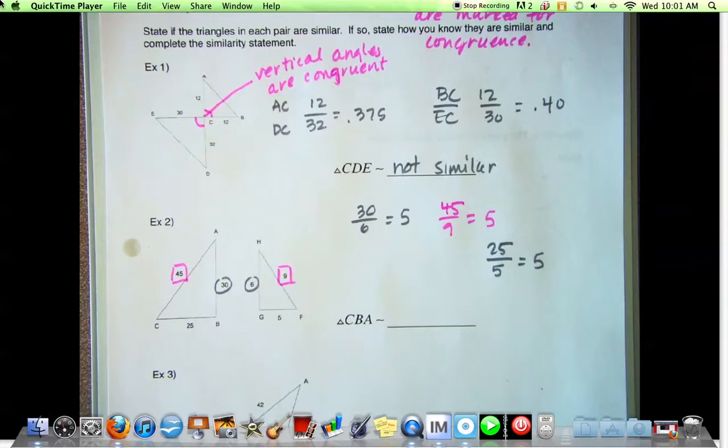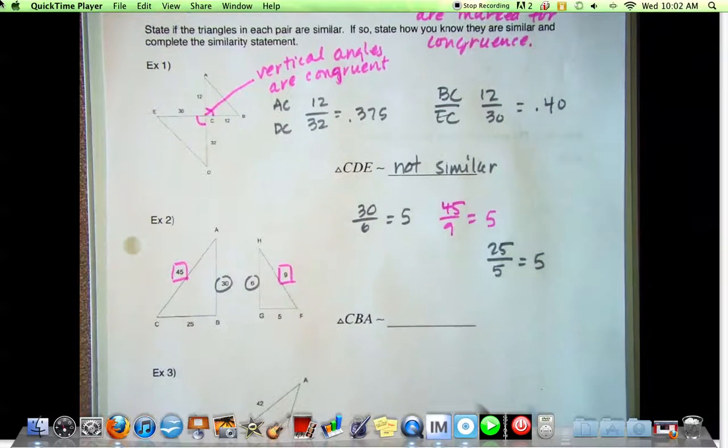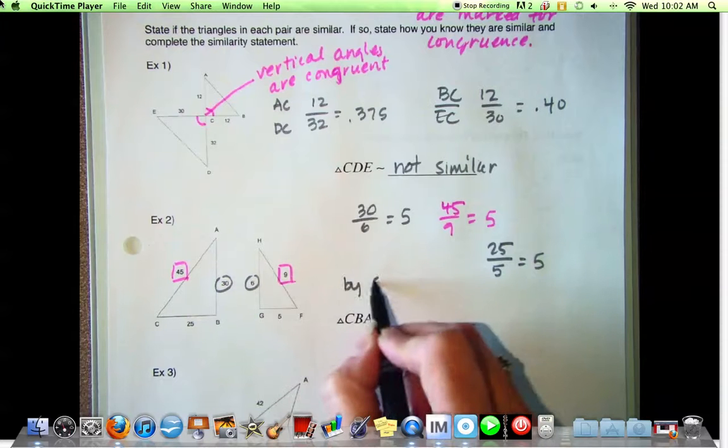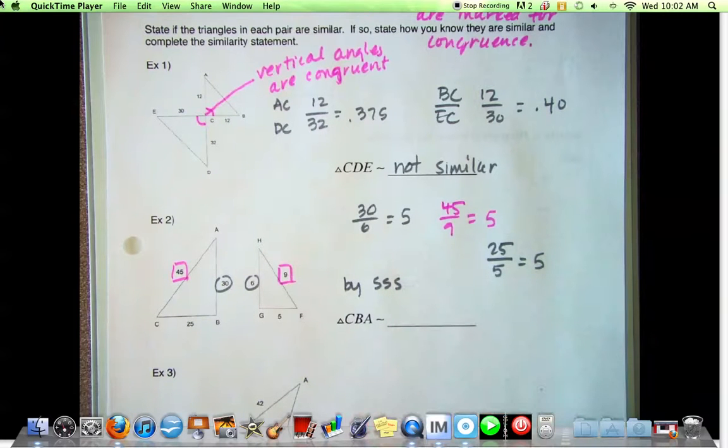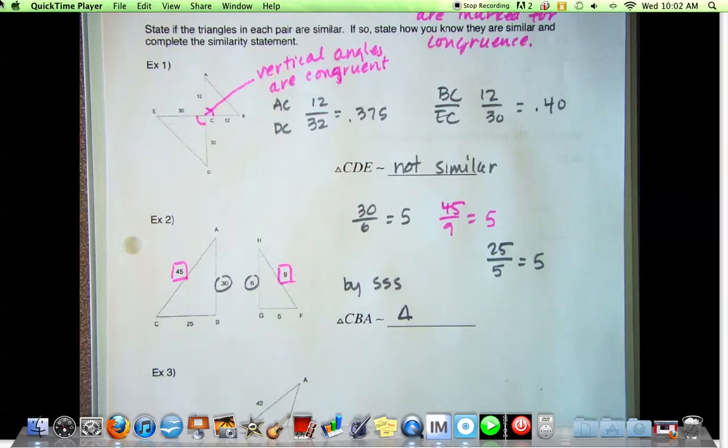By which rule? Side, side, side, because we found the 3 sets of sides. So by side, side, side, triangle CBA is similar to triangle... Now, when you name the triangle, you have to name it in the same order that the first triangle was named.